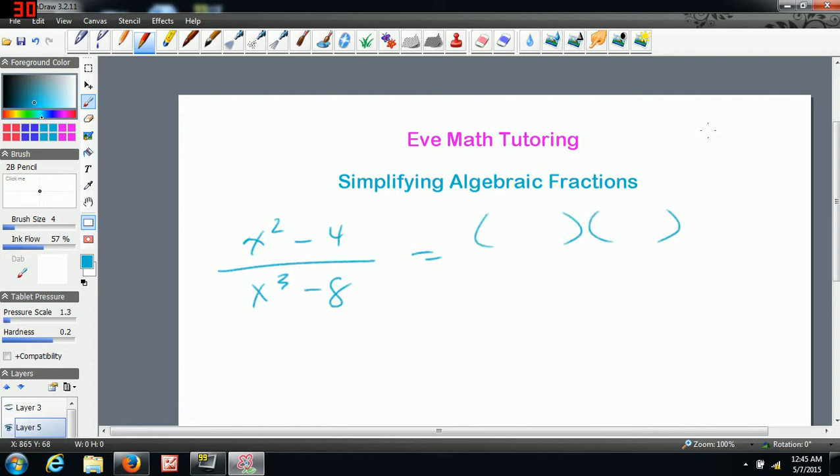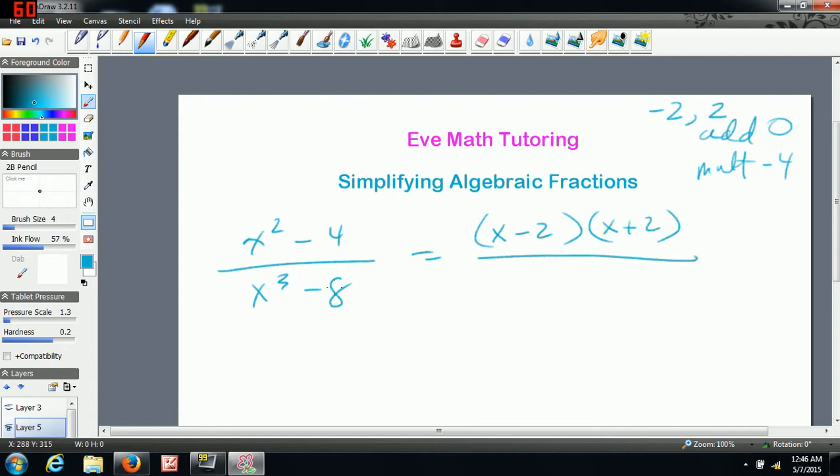There's no middle term, nothing in front of x, so that's why we want two numbers that add to 0, and we want two numbers that multiply to -4, and those two numbers would be -2 and 2. I know they have to add to 0 because if it wasn't 0, there would have been an x here in this situation. Okay, so now you're going to get x minus 2 times x plus 2.